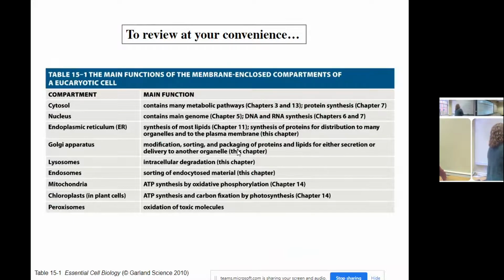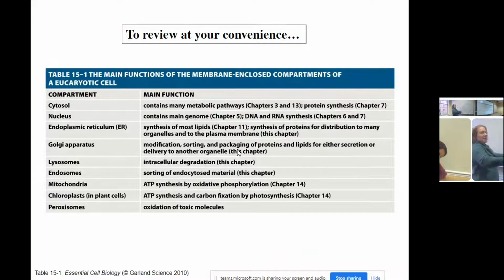Let me add on to what I'm writing about endosomes. An endosome is a holding tank for materials that are on their way between certain compartments.